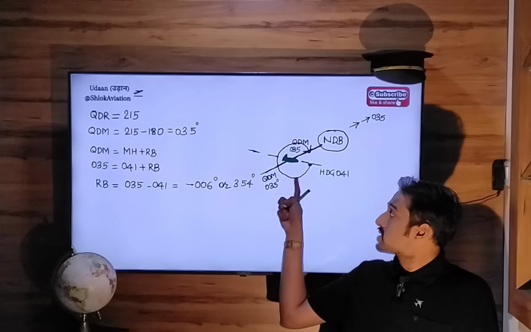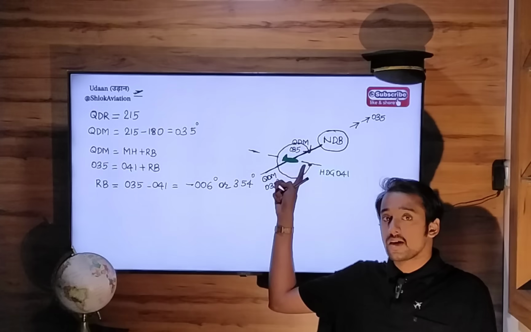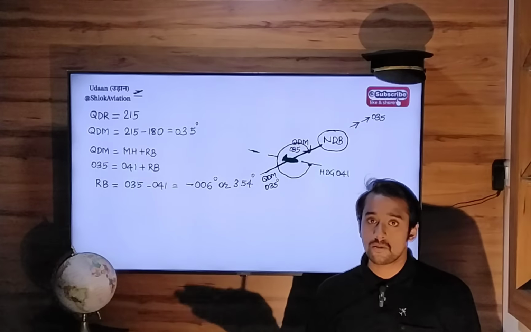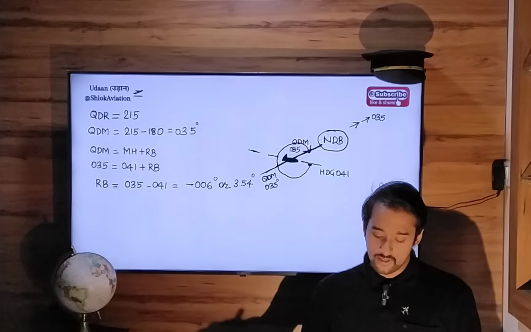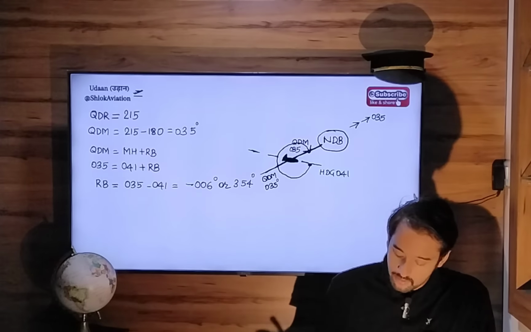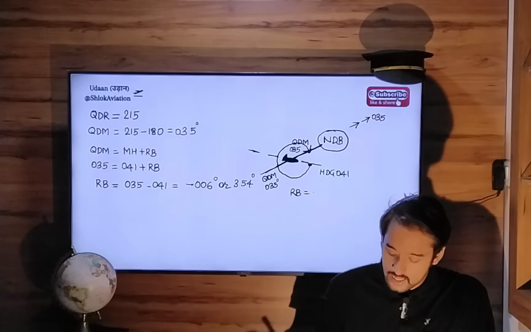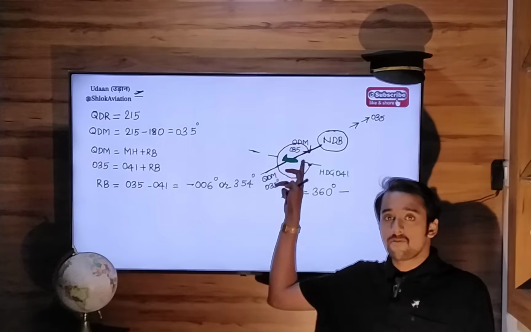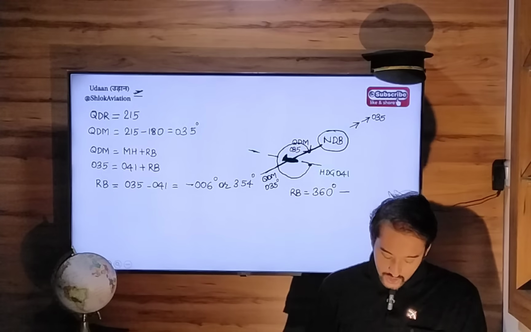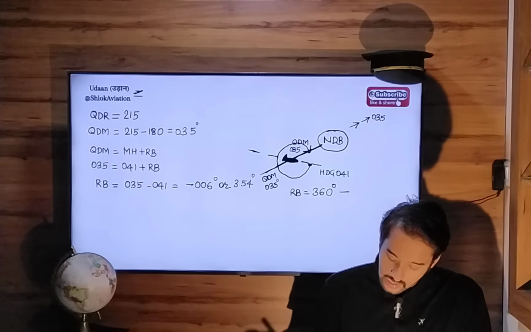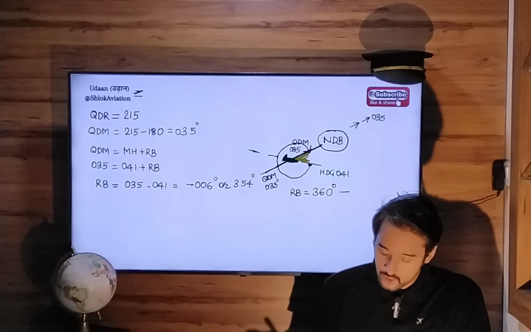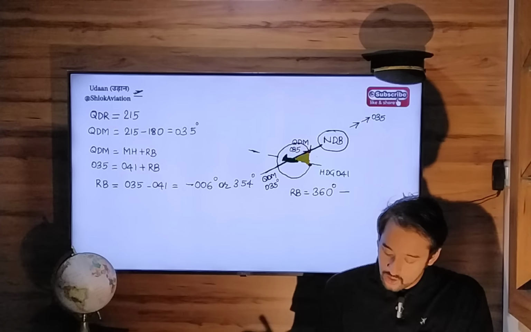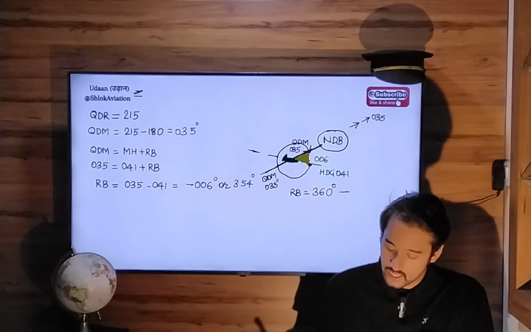Now this entire circle would have made 360 degrees, but we have not made a full circle. We have stopped short of that. So the relative bearing will be the entire 360 degrees minus this small angular difference which we have eliminated. So this part is equal to an angular difference of 006 degrees, right?